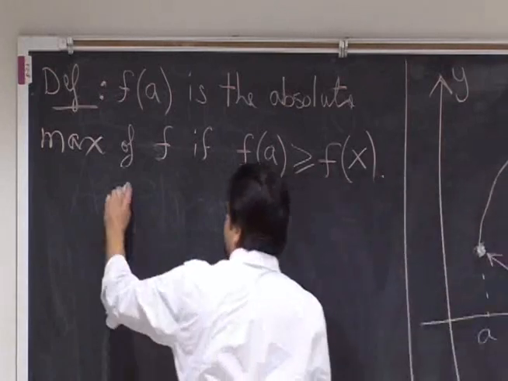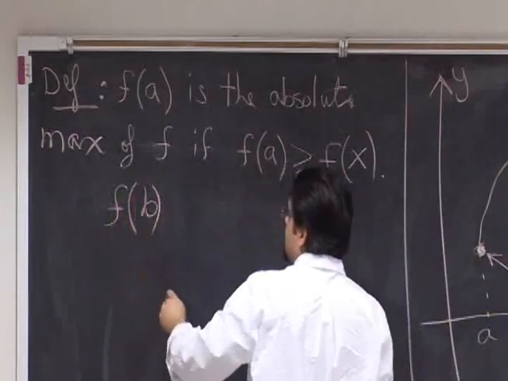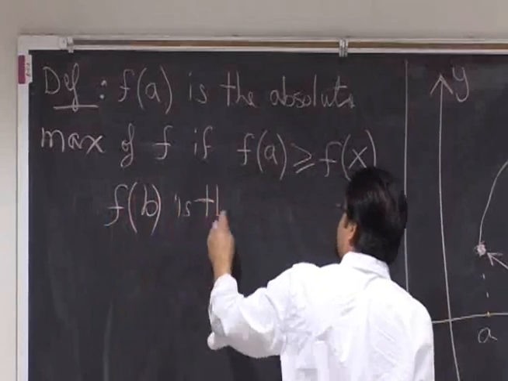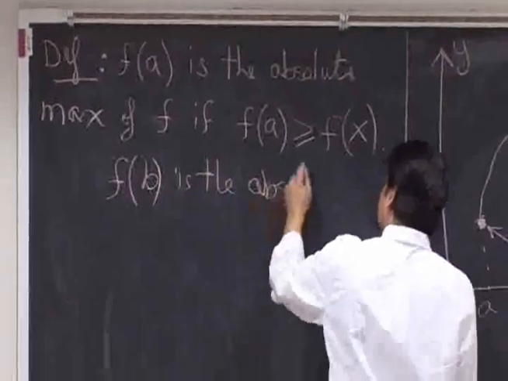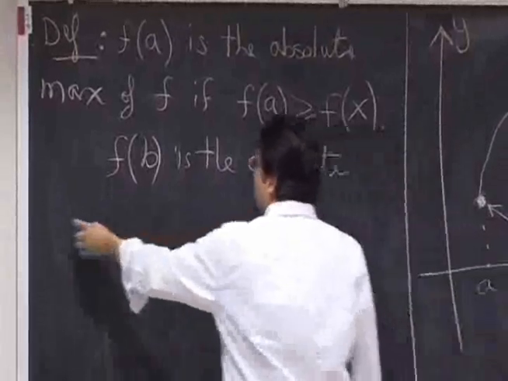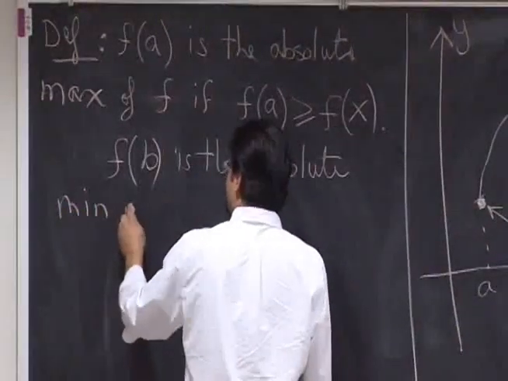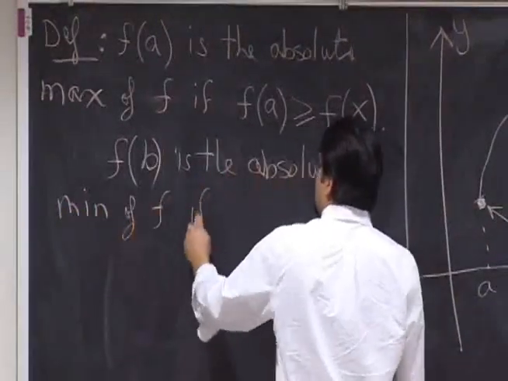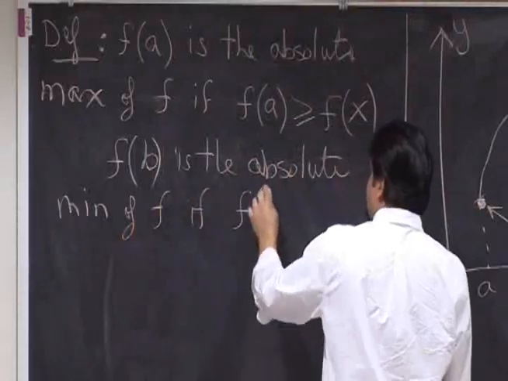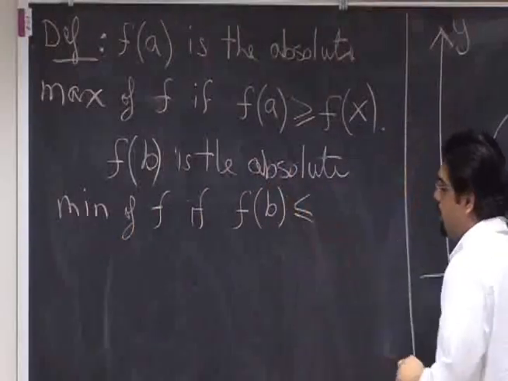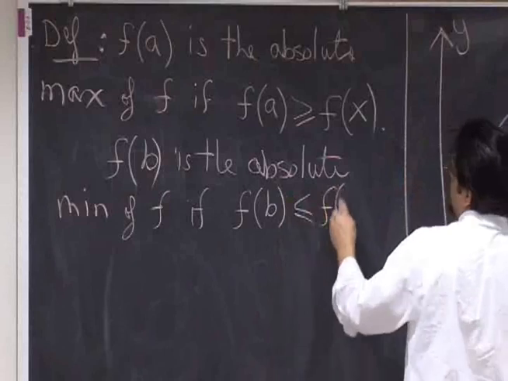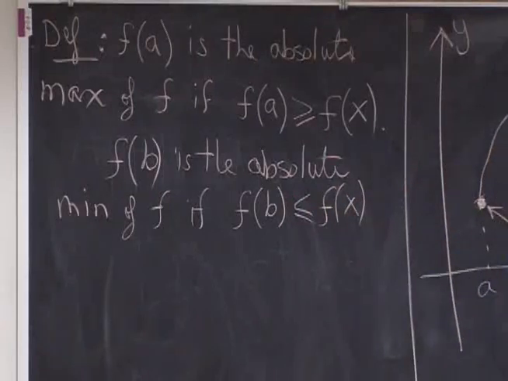So similarly, how would we define the absolute minimum? We say f of b is the absolute minimum if f of b is smaller than or equal to every other function value within the domain of f. Okay?